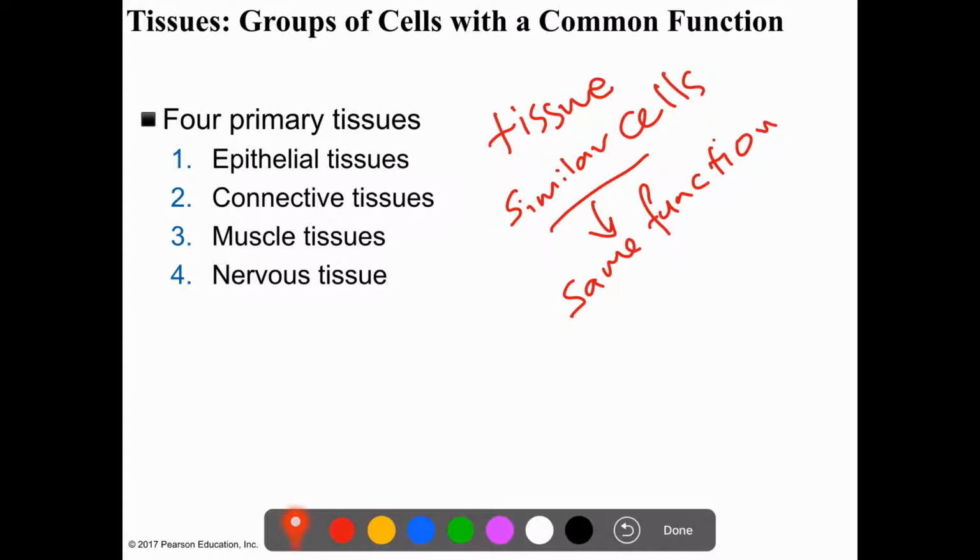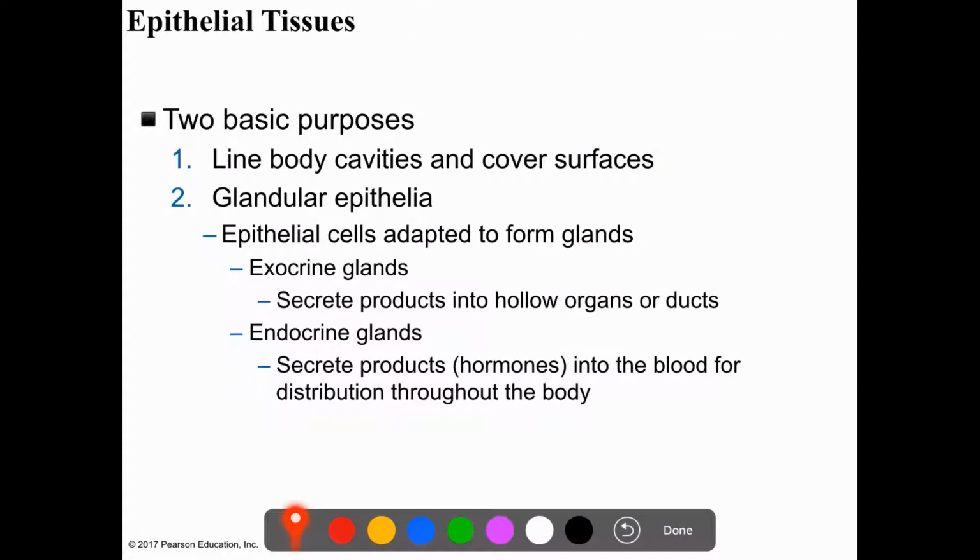In our body we have 4 different types of tissues: epithelial tissues, connective tissues, muscular tissues or muscle tissues, and nervous tissues. We will start with the epithelial tissue.